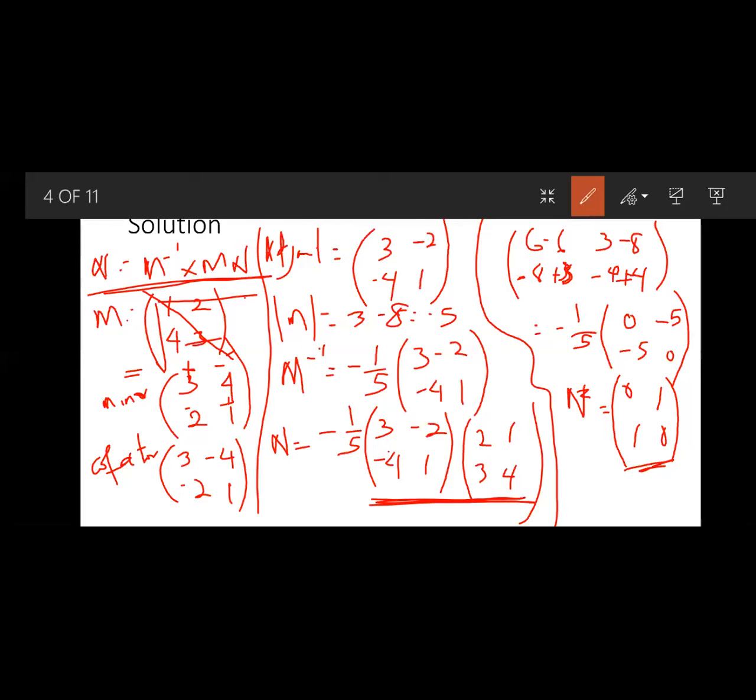You know, from what we have done in matrices, they are associative.